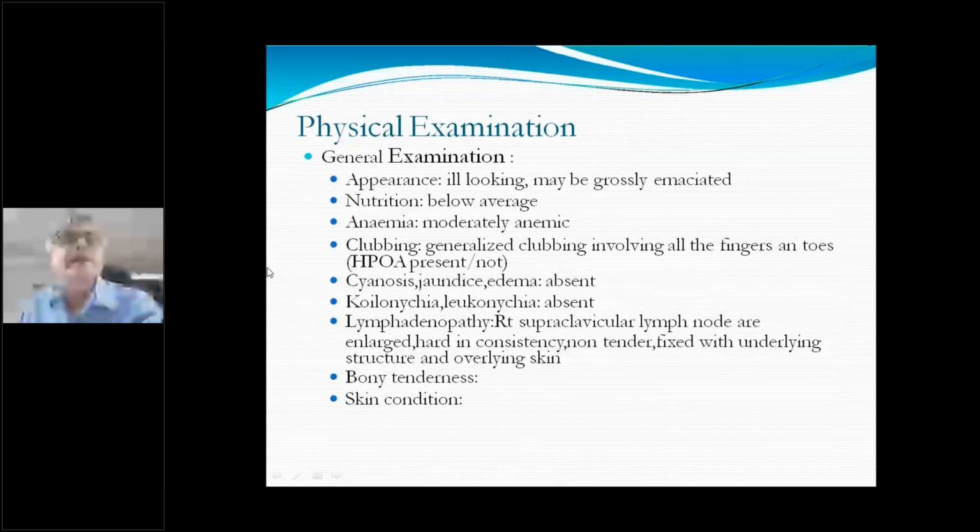On examination, we also discussed: looking below average, moderately anemic, clubbing is there, cyanosis, edema, jaundice. Look for lymphadenopathy, that is left supraclavicular more enlarged, bony tenderness and skin tenderness.